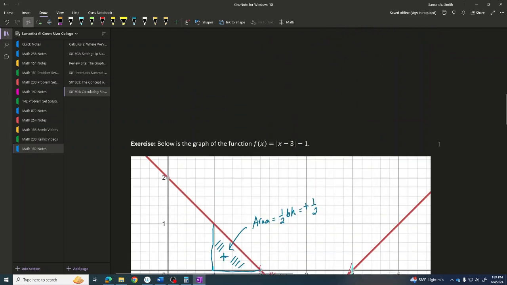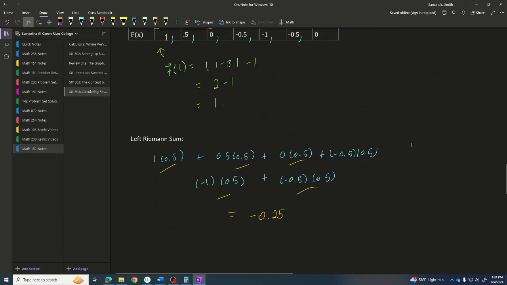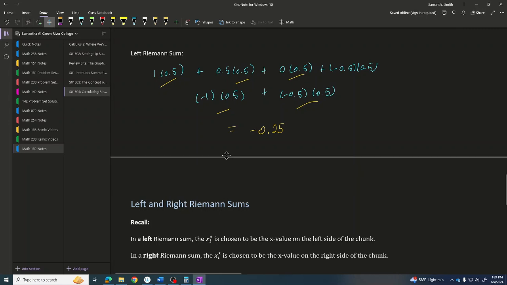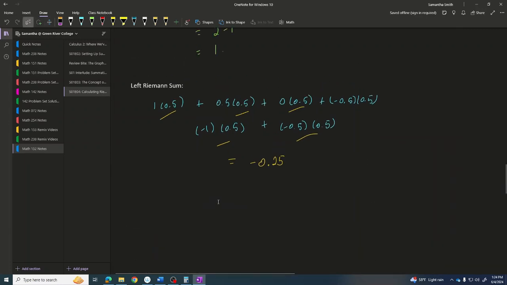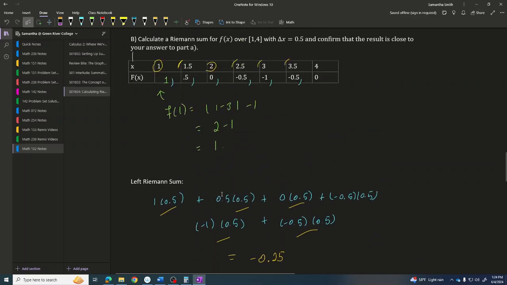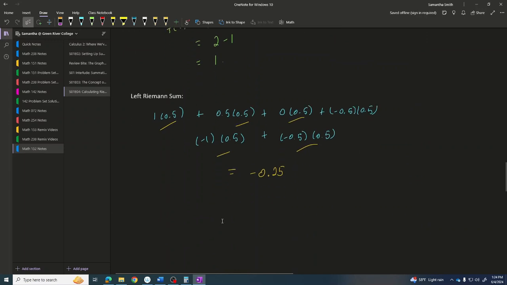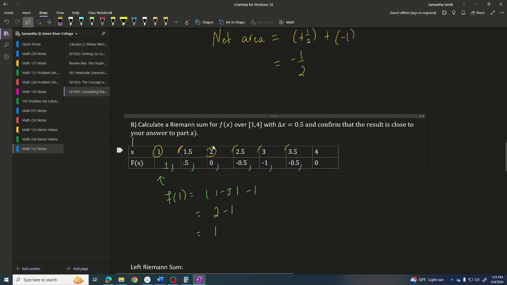Now you can also do a calculation using a right Riemann sum, of course, and the right Riemann sum is going to give you a slightly different value, but it's still going to be close to this net area of negative 1/2. Let me quickly write up what the right Riemann sum would become. Remember that the only difference is that it uses the right-hand x on each little piece, each little chunk, instead of using the left-hand x.